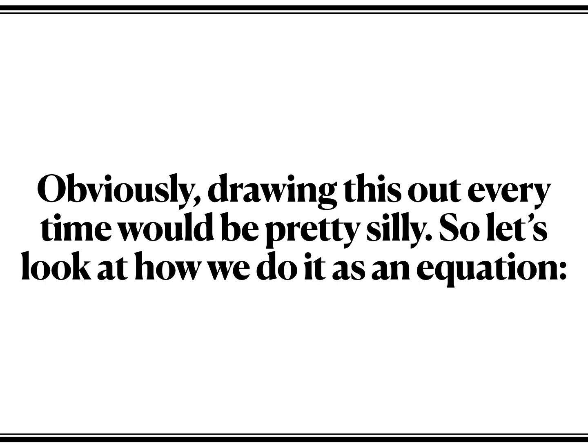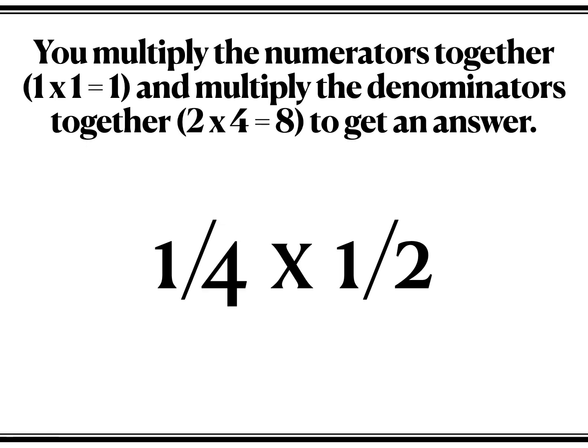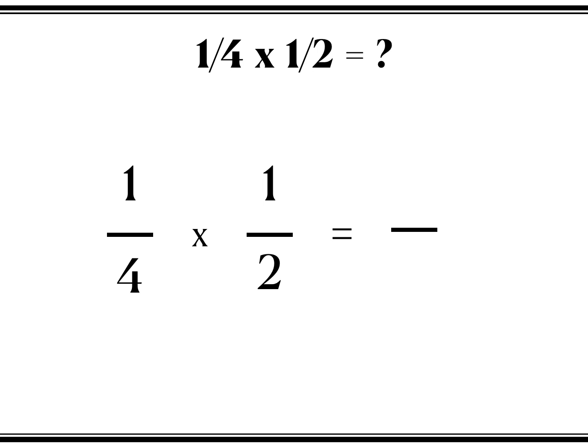So let's look at how you do it as an equation. You multiply the numerators together and you multiply the denominators together to get your answer. So just like we did with adding and subtracting, it's really easier if you write out your fractions like this, top to bottom. And all you got to do is multiply straight across. So you know that 1 times 1 is 1, and then you do 4 times 2, and you get 8.